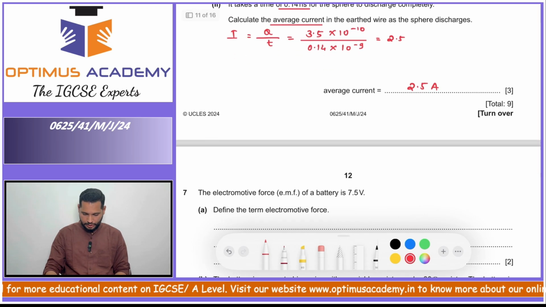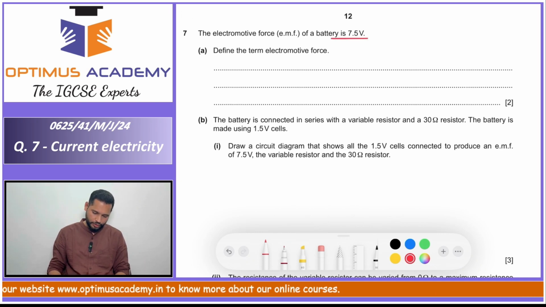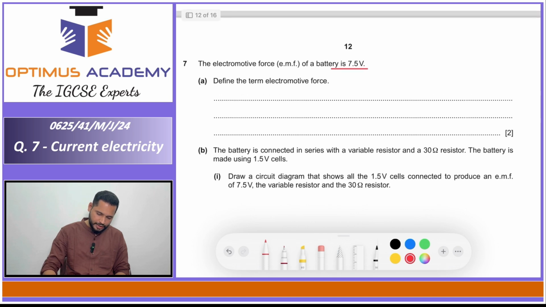We'll go to the next question now. Question number 7. It says the electromotive force of the battery is 7.5 volt. Define the term electromotive force. So what do we understand by electromotive force? Suppose we are talking about a basic circuit like this.